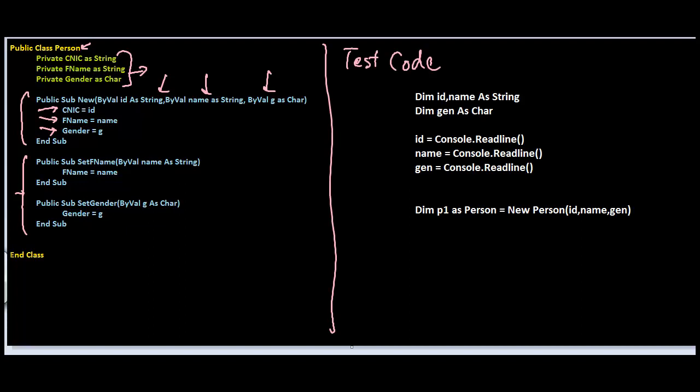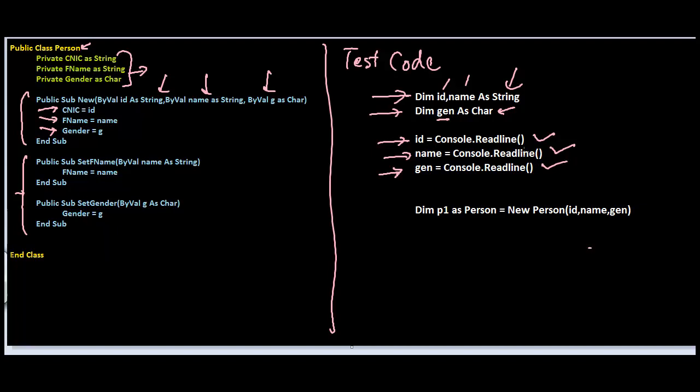Okay, so let's take a look at our test code. In this line we are declaring two variables, id and name, as string. In this line we are declaring one variable gen as character, and then we are taking the value of id from the user, we are taking the value of name from the user, and we are taking the value of gen from the user, right?